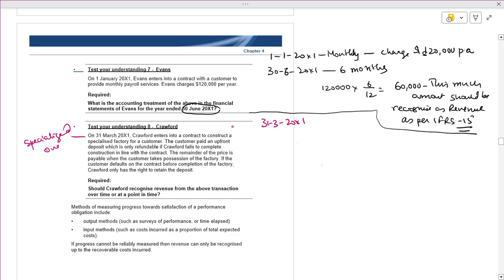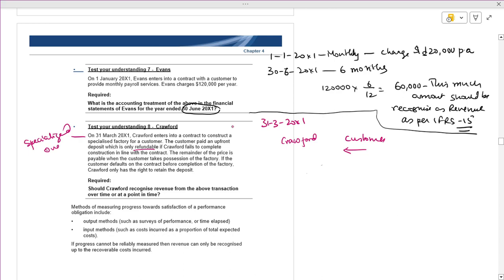The customer paid an upfront deposit which is only refundable if Crawford fails to complete. See, the customer has paid a deposit to Crawford, which is only refundable if Crawford fails.